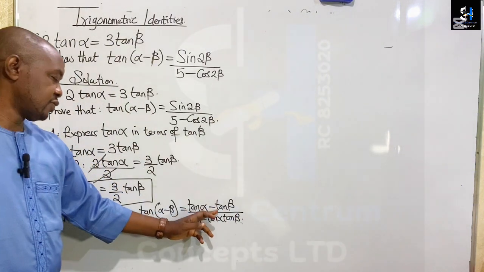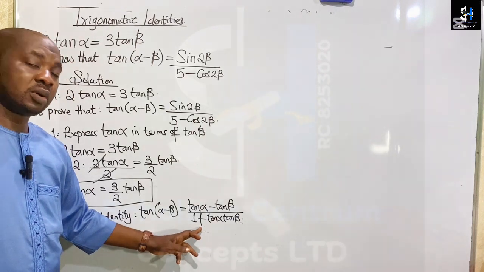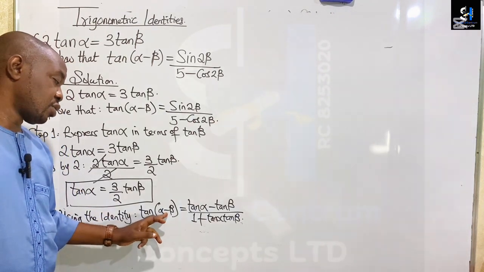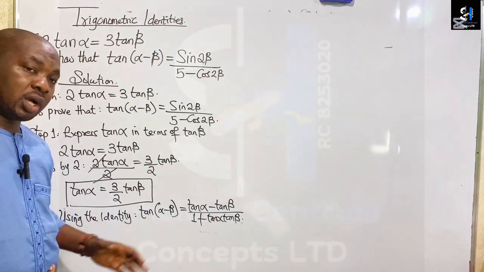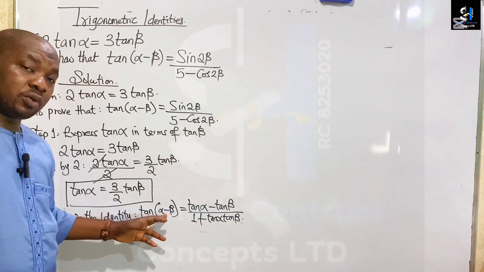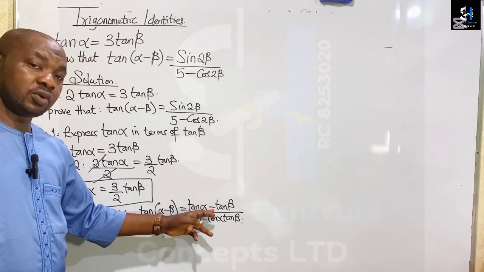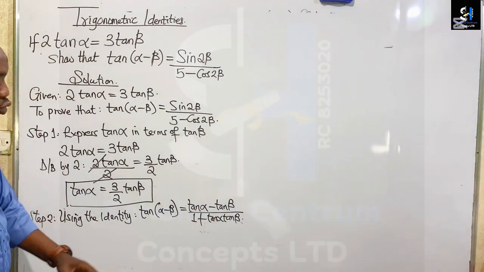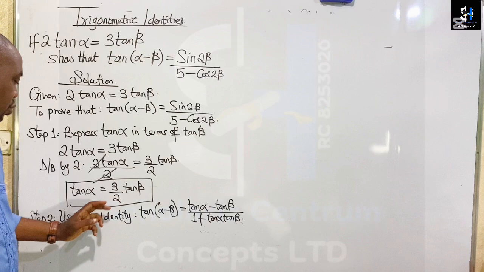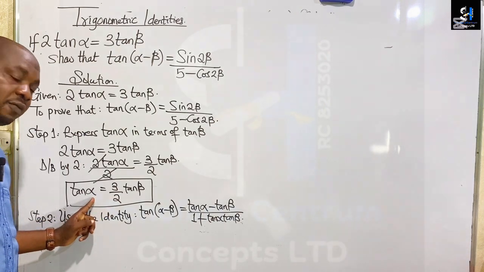The sign here is positive because this is the tan of the difference between the two angles. But when it is a sum, this will be plus, and the numerator will be minus.